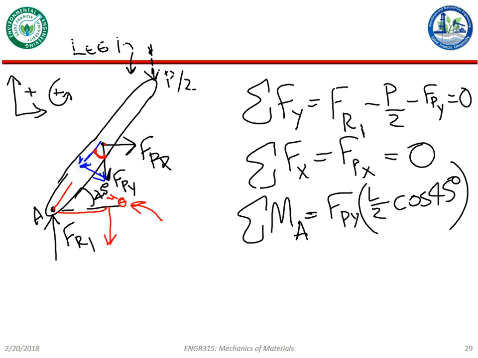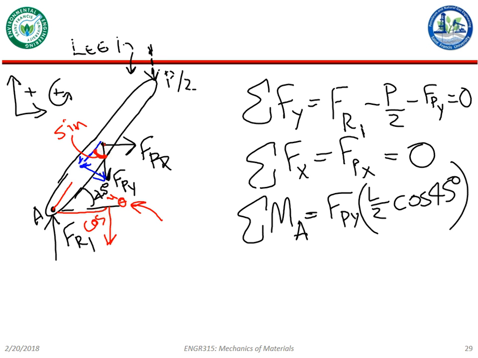If theta was 0, this angle would be 90. So that's kind of an indication that if it's cosine down here, it should be sine here because they're varying opposite one another. Does that make sense? Okay.